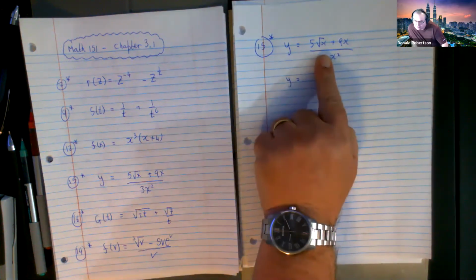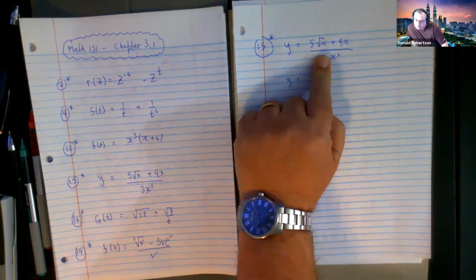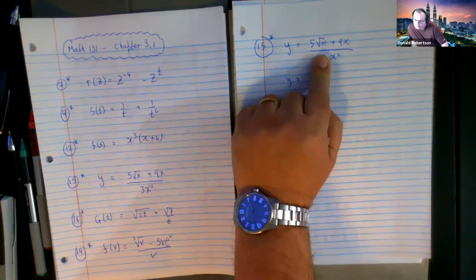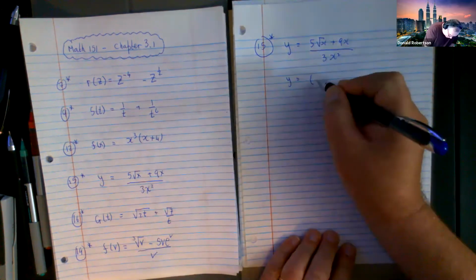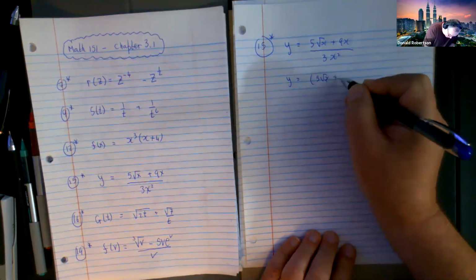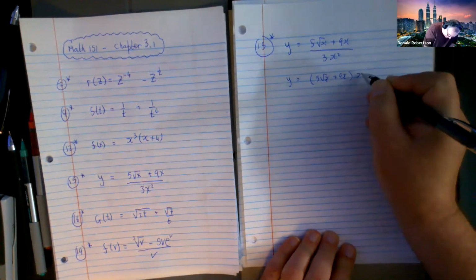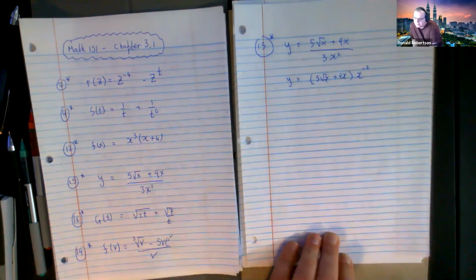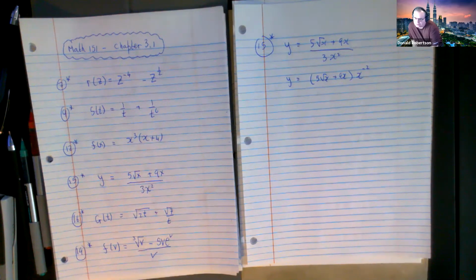And if that 3 wasn't there, one of the ways I could do that would be just to multiply the top by x to the minus 2. Agreed? So I could take the numerator and just multiply it by x to the negative 2. But it isn't just x squared on the bottom. It is 3x squared on the bottom.